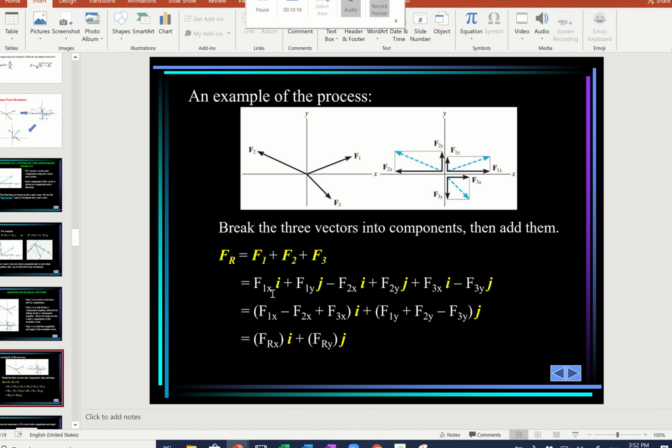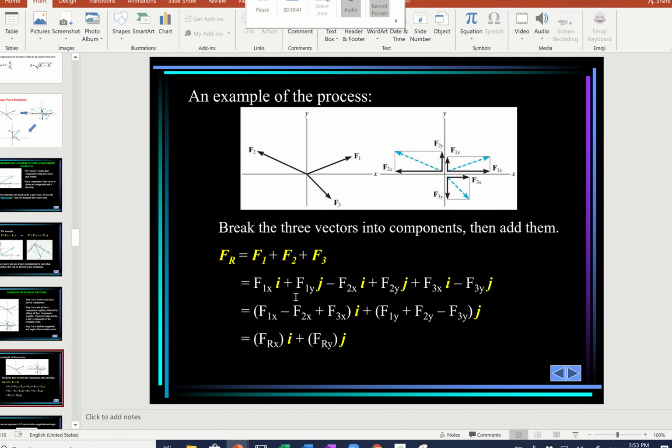So you write it as F1x i plus F1y j, and realize here the i term for F2x is negative because it's pulling to the left, okay? And then let's look at F3y. This is going downward, so that number would be negative, so negative F3y.